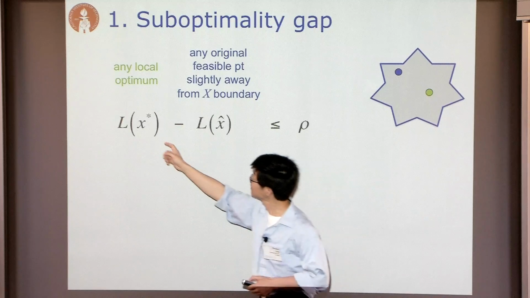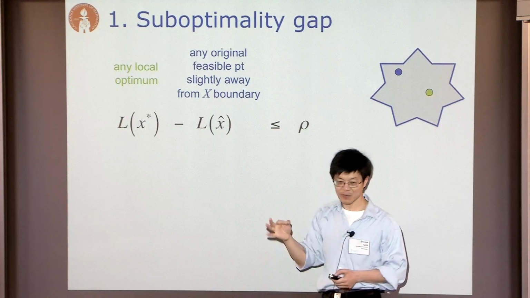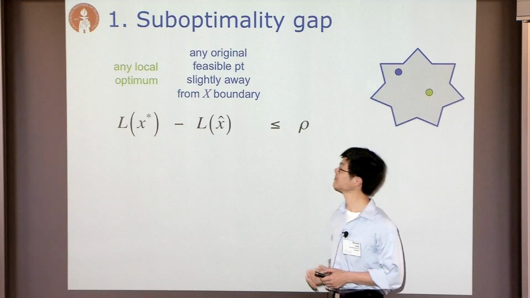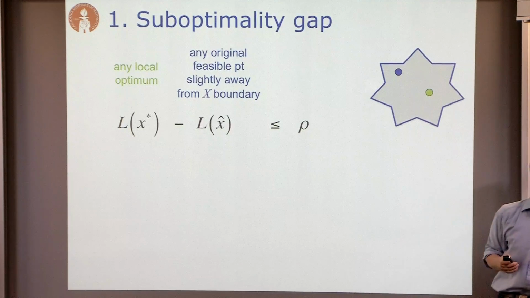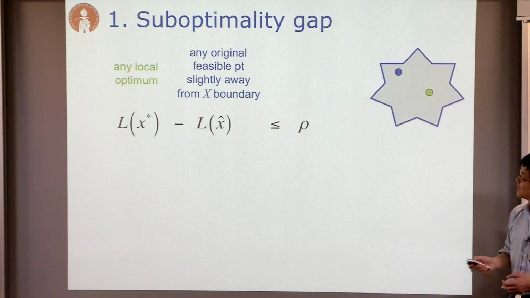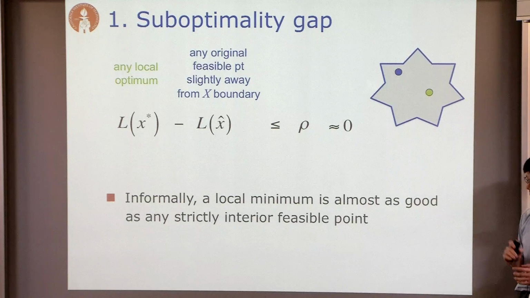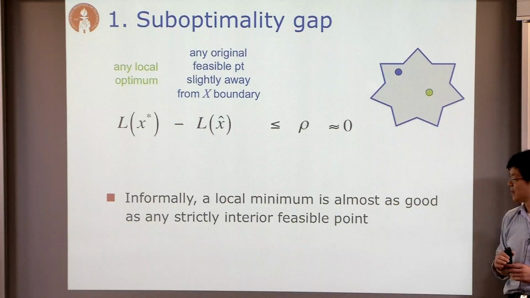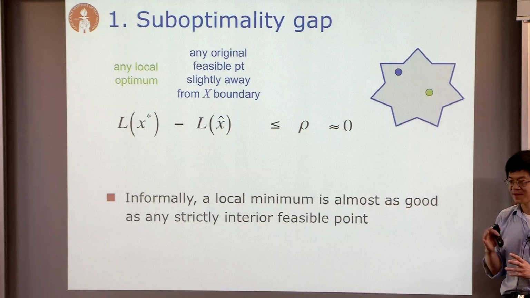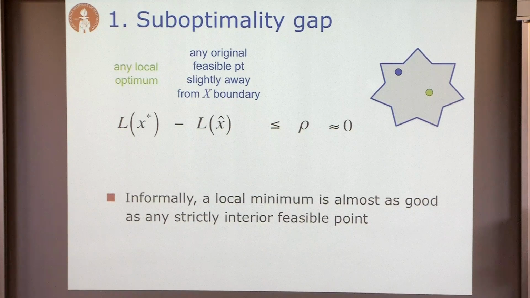You look at the cost of any local optimum and the cost of any feasible point slightly away from the boundary. You can bound that. It's a messy expression. But if you look at arbitrary test systems and so on, this is typically very small. So what it suggests, informally, is that any local optimum is probably almost as good as any strictly interior feasible point. I'll show you some examples where it turns out to be good.